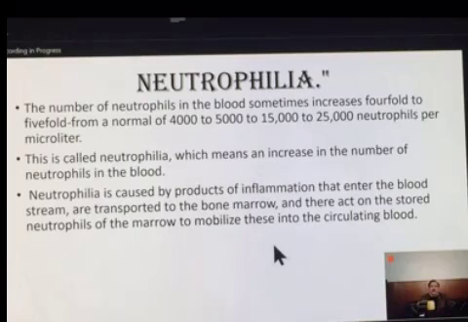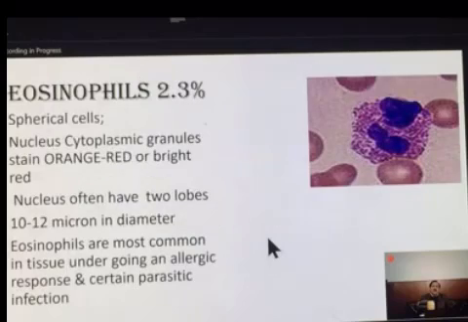So when there is infection, there is release of inflammatory substances, and they are transported through blood to the bone marrow, and the bone marrow produces WBCs or neutrophils in large number.